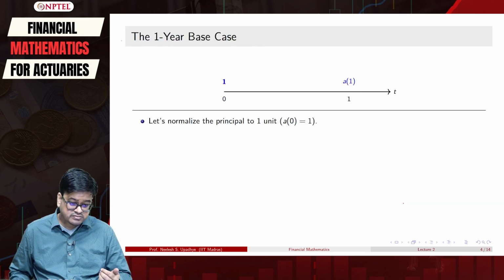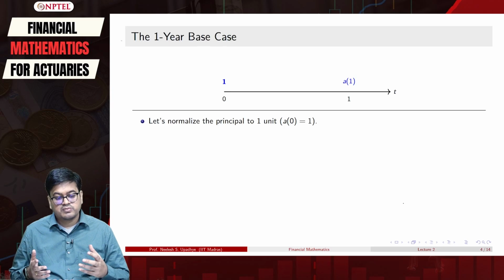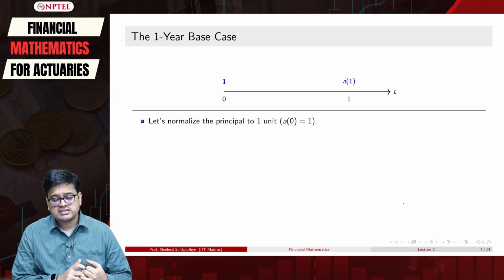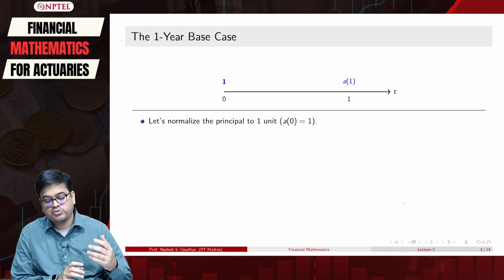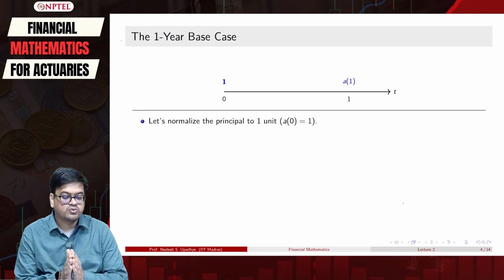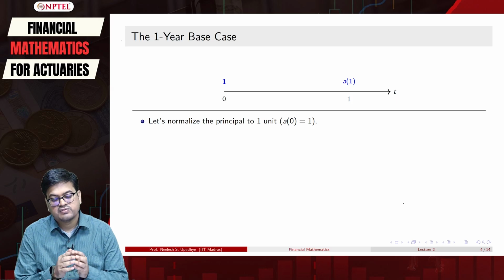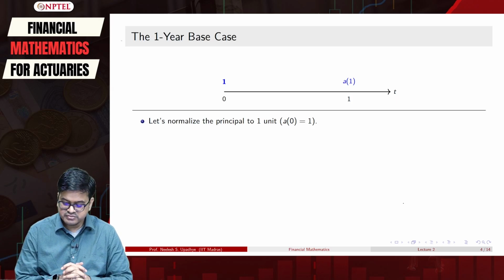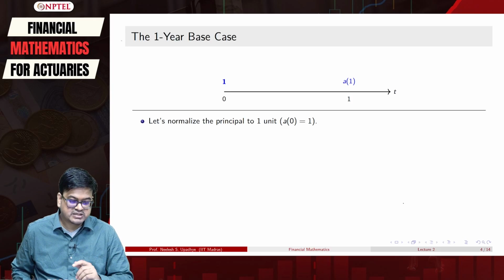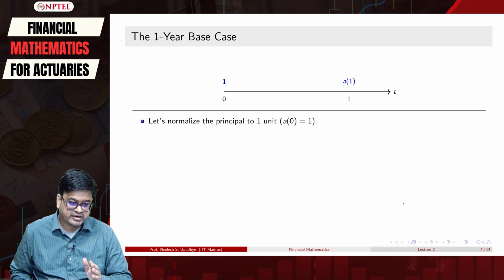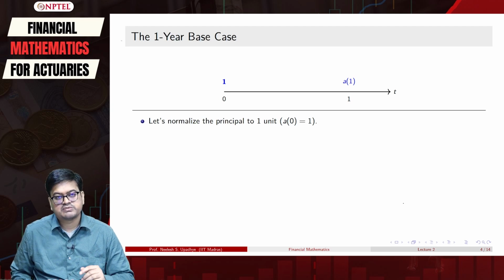Because this involved a 100 rupees calculation, let us relate this to our accumulation function, where we started with A0 equal to 1, and whatever amount you accumulated will be A1. The basic underlying principle remains the same. All other calculations remain the same, except that 100 is replaced by 1.